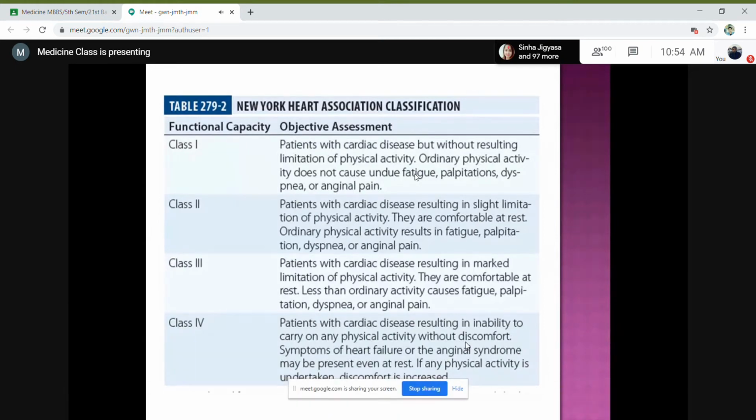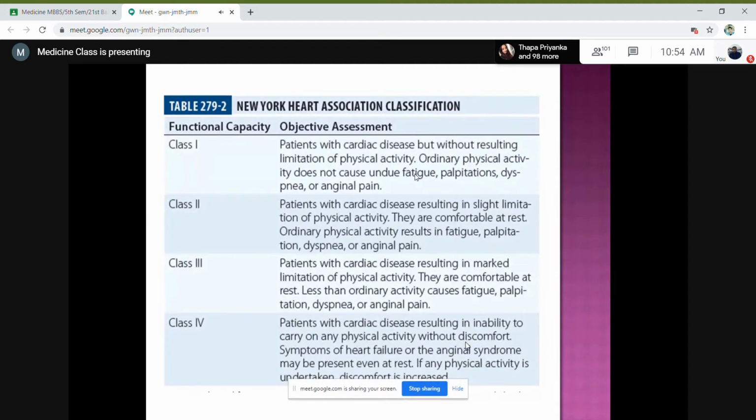Class 2 includes all patients with cardiac disease resulting in slight limitation of physical activity. Ordinary physical activity results in fatigue, palpitation, dyspnea, or anginal pain, and they are comfortable at rest. Class 3 includes all patients who have cardiac disease and marked limitation of physical activity.